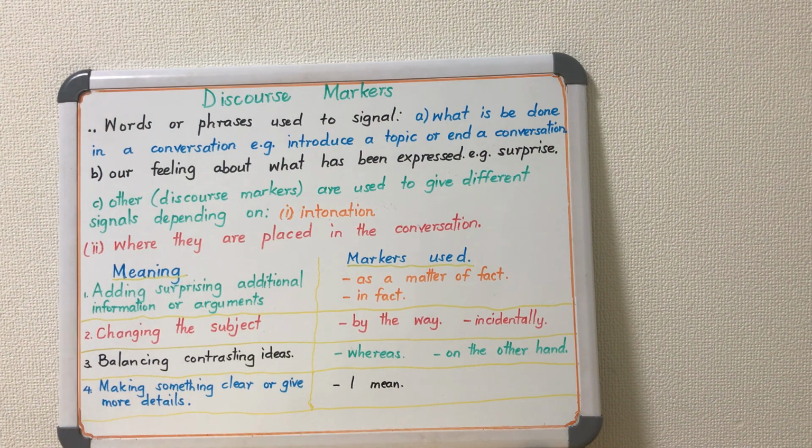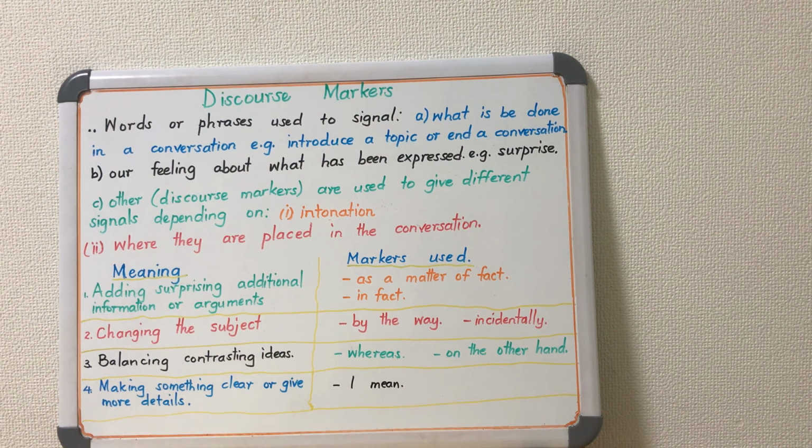The first group of discourse markers are those adding surprising information or arguments. The phrase or the discourse marker is as a matter of fact. You are adding a surprising additional information or an argument, or in fact, you're adding to your argument. Number two, changing the subject.